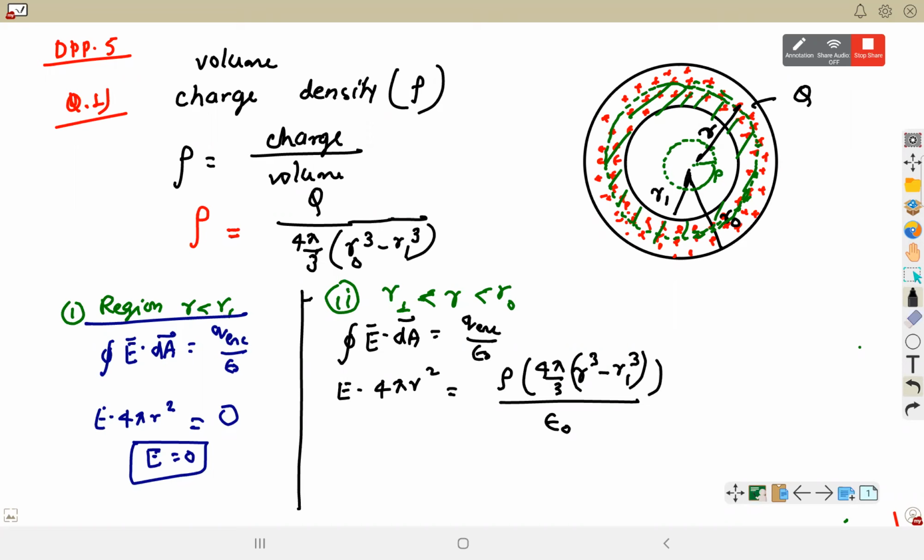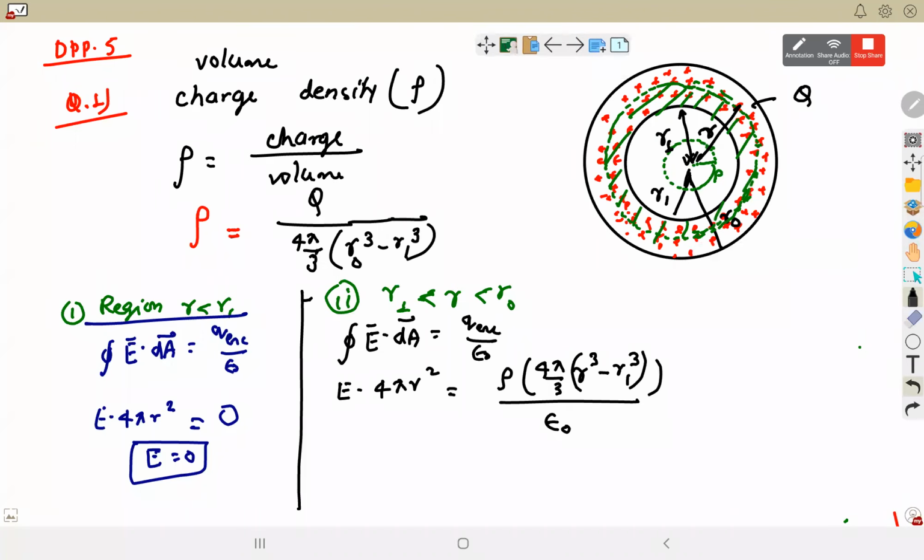Understood? We need the charge inside the shaded portion, because inside there is a cavity, there is no charge. So in this shaded portion, the outside volume is 4 pi by 3 r cube, and the inner hollow portion is 4 pi by 3 R1 cube.